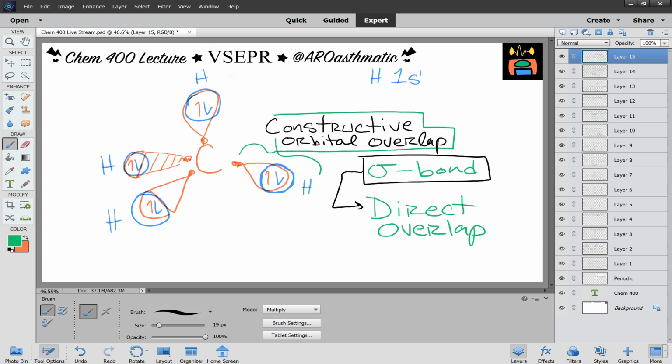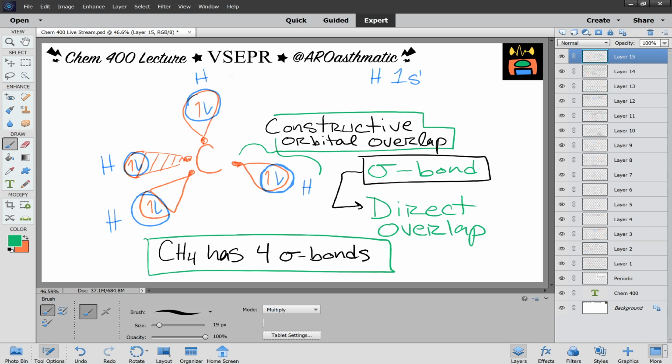So if I were to ask you how many sigma bonds are in this molecule, we would say that CH4 has 4 sigma bonds, because all the bonds in this molecule are created through direct orbital overlap between carbon and hydrogen. Cool?